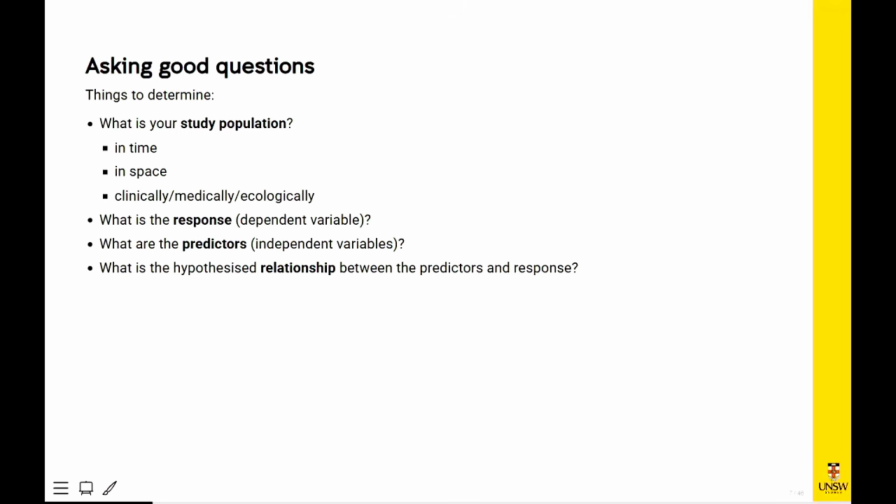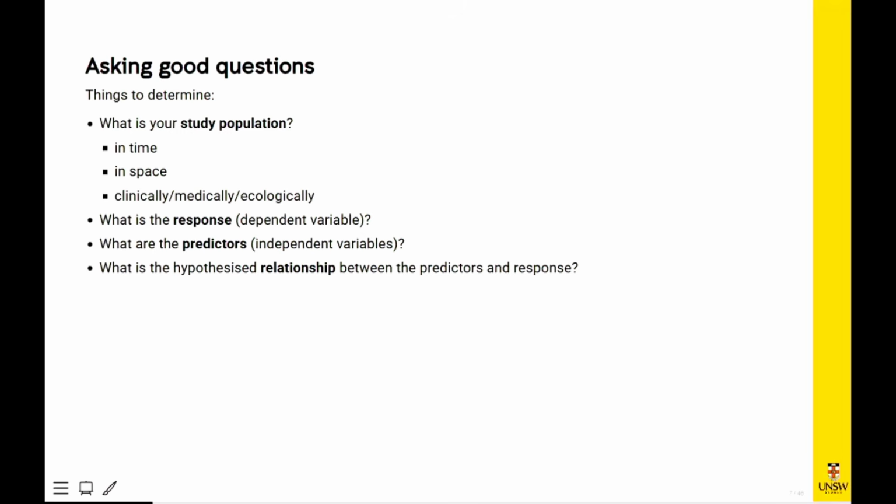Or are you doing a prospective study where you will follow people for 5 years or 10 years? You need to define that population in space. Where are you gathering your data? Where are those participants or observations coming from? Are they a particular subpopulation, clinically or medically, or if you're an ecologist, are they a particular set of birds in the Blue Mountains or something like that?